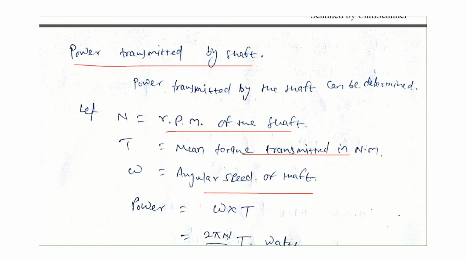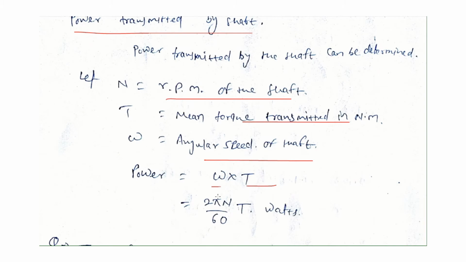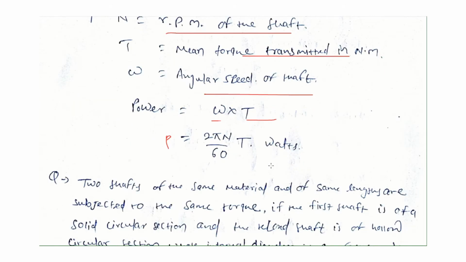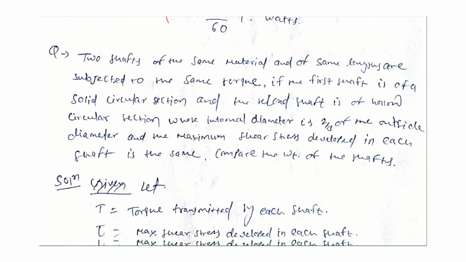So the power transmitted by the shaft is torque transmitted into angular speed. So it will give omega equals 2 pi N by 60, into T. This is the expression for power. Now it's time to solve numerical problems.